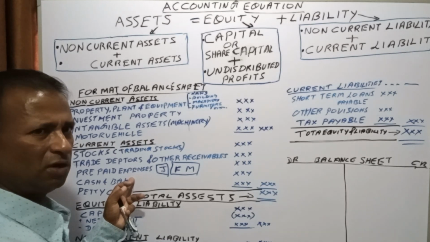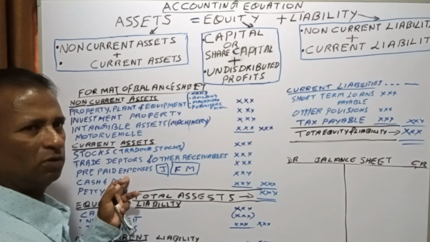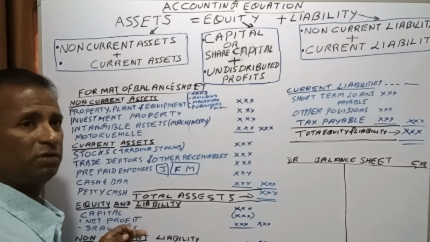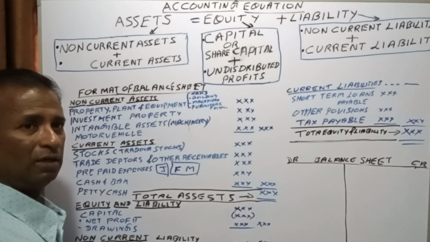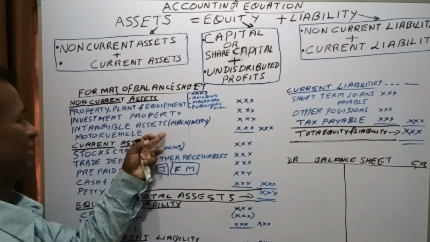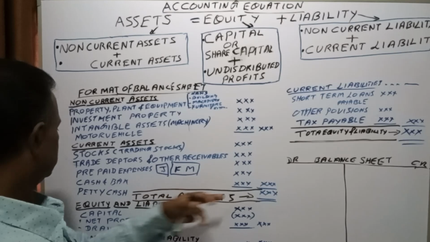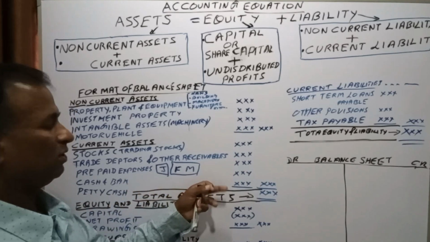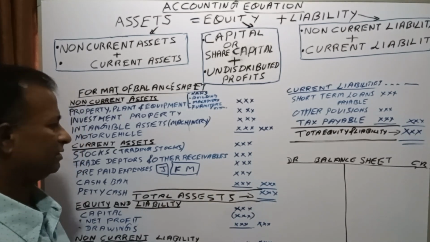If it is in the savings account, you can withdraw it anytime. If it is a fixed account, a 5-year fixed account, then it is not a current asset, it is a non-current asset. Another one is petty cash. The petty cash balance also will come here, current assets.